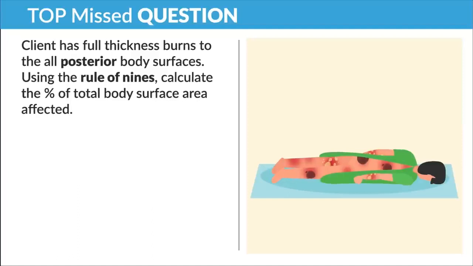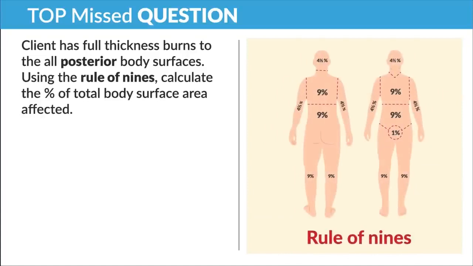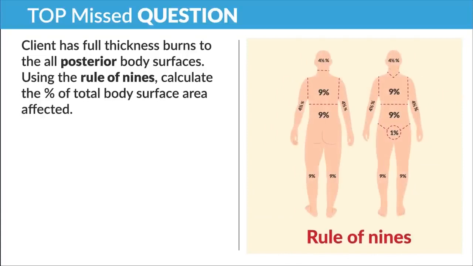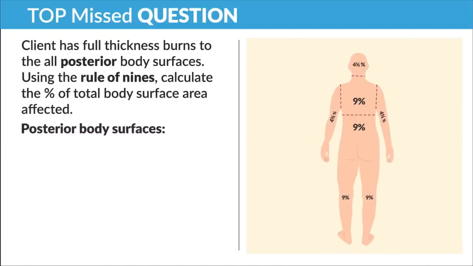Okay, now a commonly missed question here. A client has a full thickness burn to all the posterior body surfaces. Using the rule of nines, calculate the percentage of total body surface area that is affected. Guys, a lot of students get these wrong, so you must know your rule of nines numbers. Okay, now looking at the chart here that we memorized, we know that only the posterior body surfaces are affected from the question.